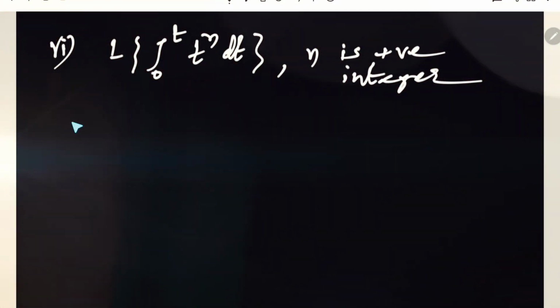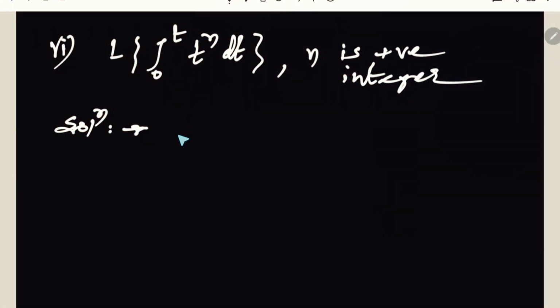Then sixth one, find Laplace of integration from 0 to t of t raised to n with respect to t, where n is a positive integer. Here, as per that condition, we first find the Laplace of t raised to n.